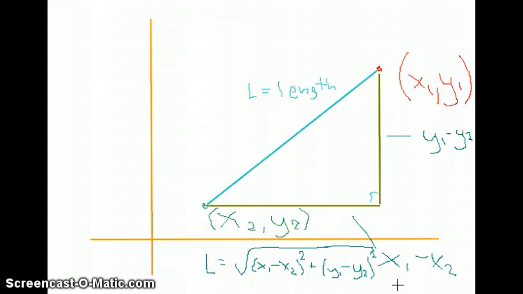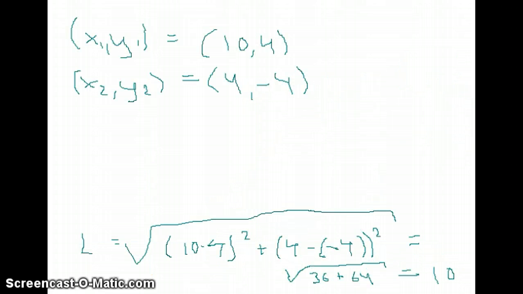So now let's take real numbers and see how to calculate this. Here we have 2 points. Point 1 is x 10, y 4 and point 2 is x minus 4, y 4. Now putting these numbers into the equation for L, this is just routine Pythagorean theorem.